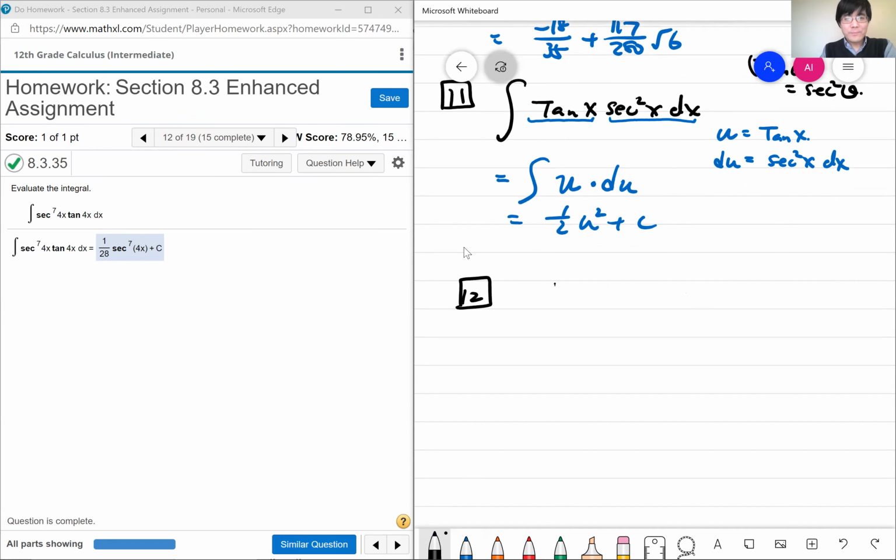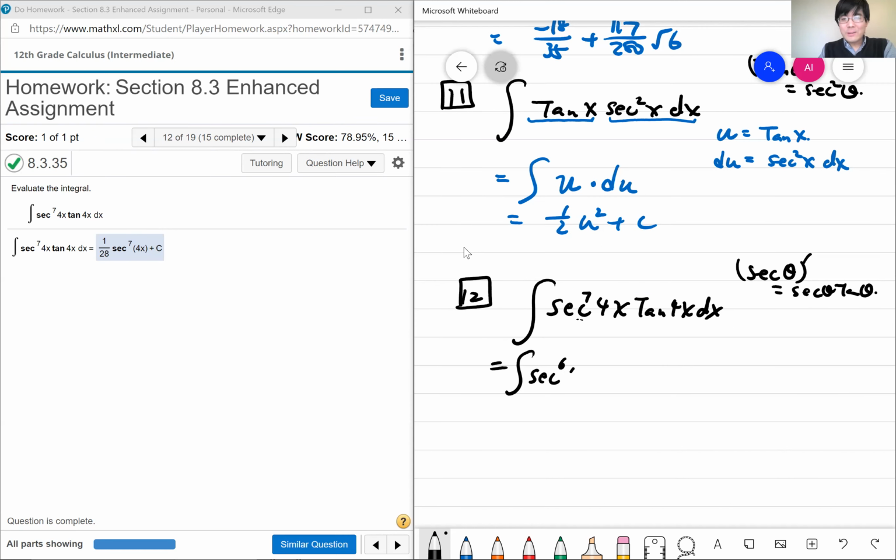Number 12. Now you have lots of powers of secant and tangent here. Another formula you have to memorize is the derivative of the secant was secant times tangent. So now you can split this one into secant times secant tangent.